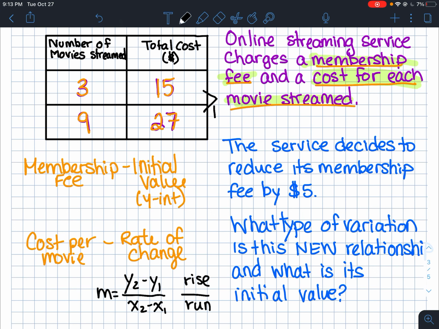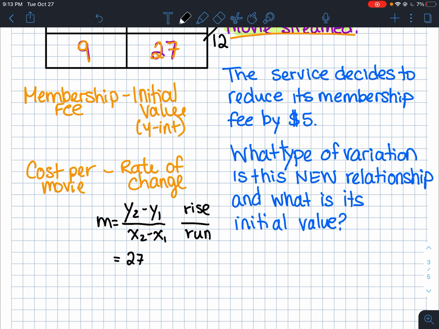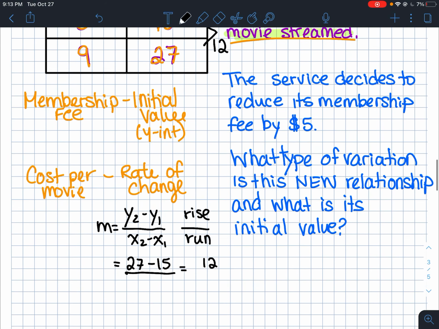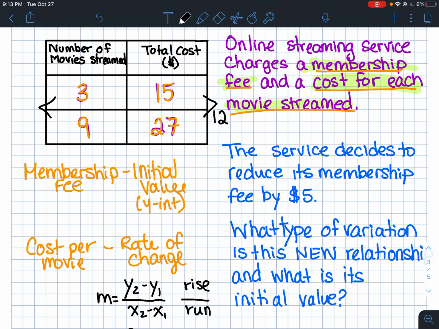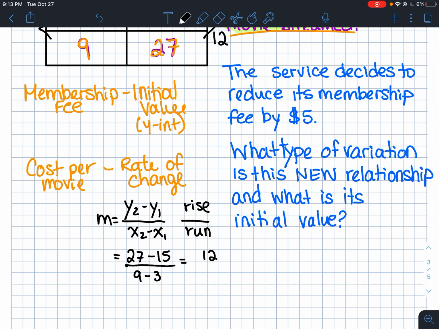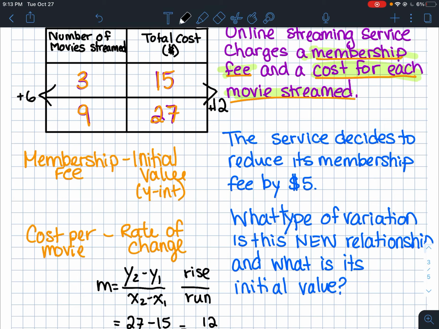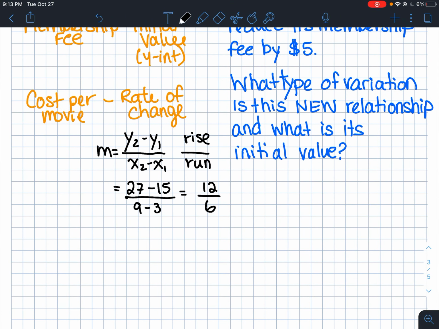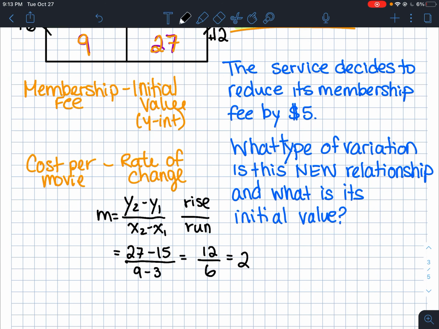That would be 12. From 15 to 27, it's going up 12. So we did 27 minus 15 to get the rise, and we came up with 12. And on the other side, the number of movies streamed, that would be our run. So we're doing 9 minus 3, which gives us 6. It's going up 6 here. So we can tell our rate of change, or our slope, is actually 2. That's cheap. It only costs $2 per movie. That's what that's telling us.